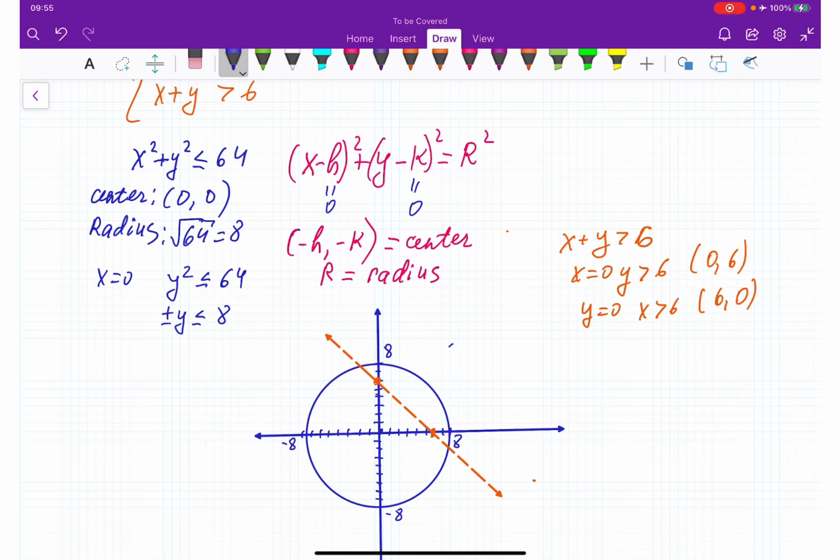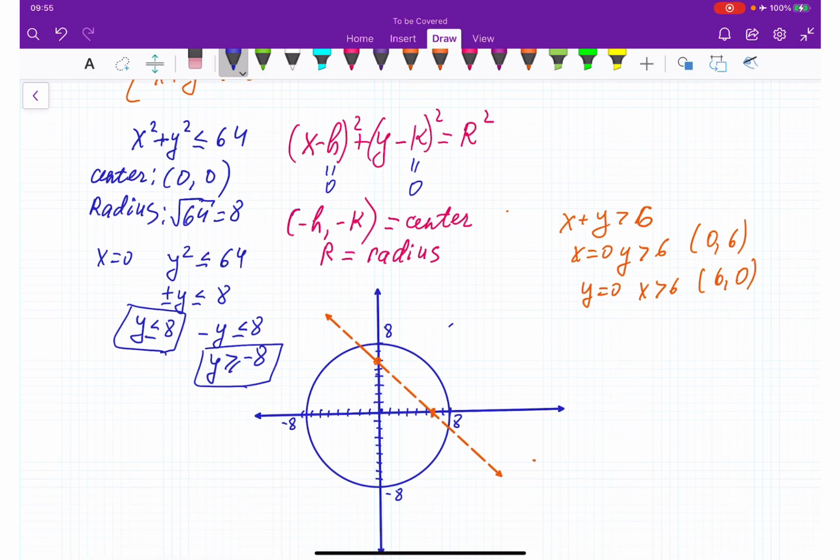And we get y less equal 8 and negative y less equal 8, or y greater equal negative 8, right? So this is the first one. So between positive 8 and negative 8, right? Because it's less than 8, greater than negative 8. It's going to be inside of the circle.